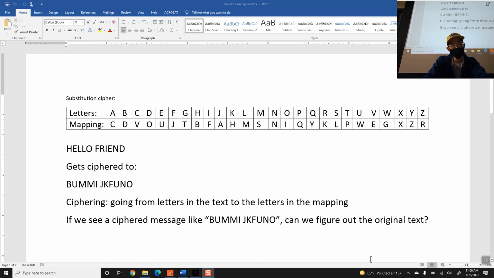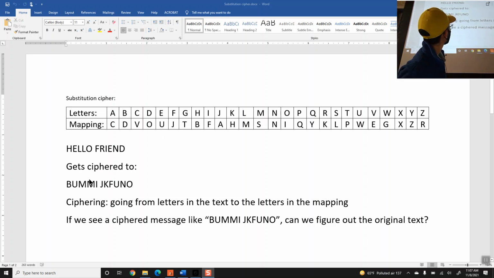And then you have a letter mapping, where the letter A gets substituted with the character C, the letter B gets substituted with the character D, and so on. If you wanted to send the secret message "hello friend," the H becomes a B, the E becomes a U, the two L's become M's, O becomes an I, F becomes J, and so on.